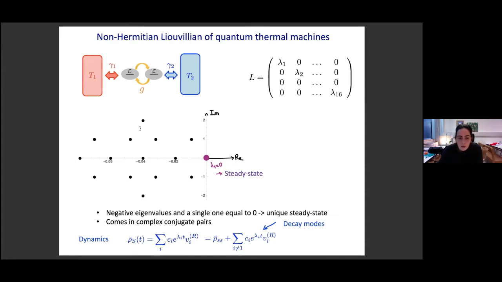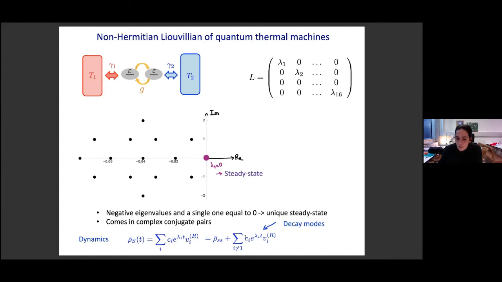All the eigenvalues come in complex conjugate pairs, and so the full dynamics here is just given by this sum over exponential functions with the eigenvalues, some coefficients that depend on the initial state, and the eigenvectors corresponding to the eigenvalues of your Liouvillian.